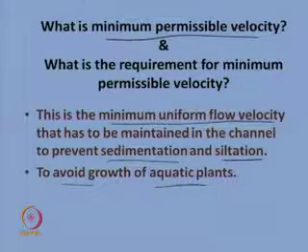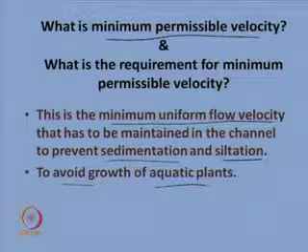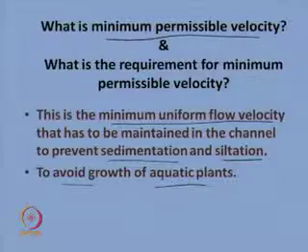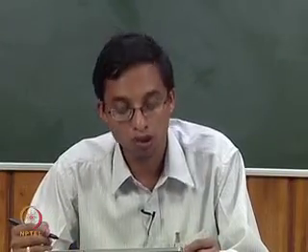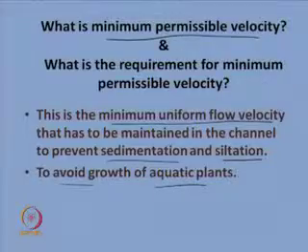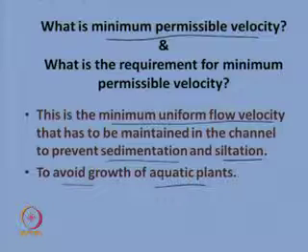So, you have to keep a certain velocity so that the aquatic plants do not grow. You will also see that as this is a non-erodible channel, in most cases the sediments or the suspended materials present in the channel are negligible.